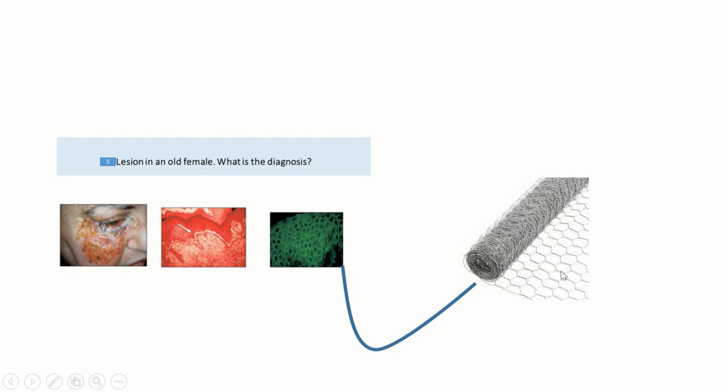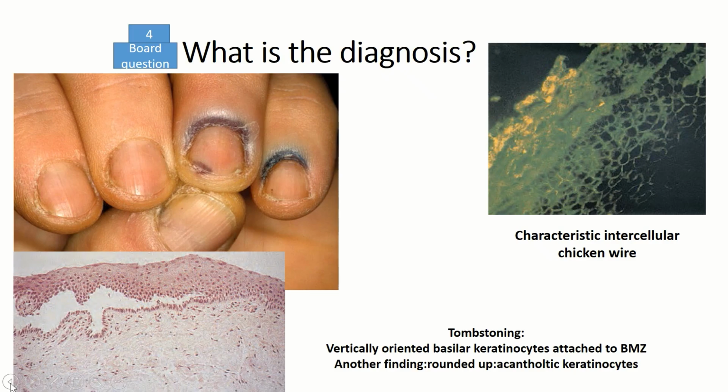As you see here, chicken wire. And you see here the view of tombstoning, that is vertically oriented basilar keratinocytes attached to the basement membrane zone. Another finding that could be found here is the formation of acantholytic keratinocytes in this space.